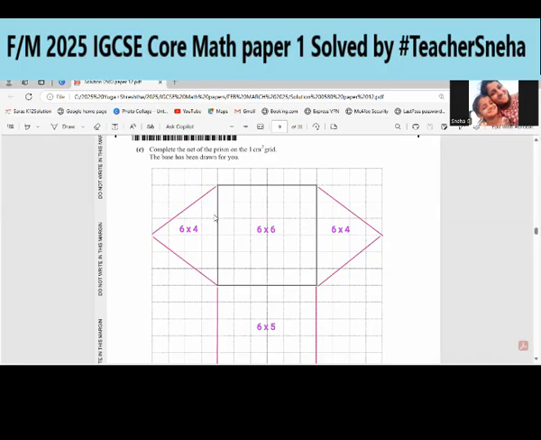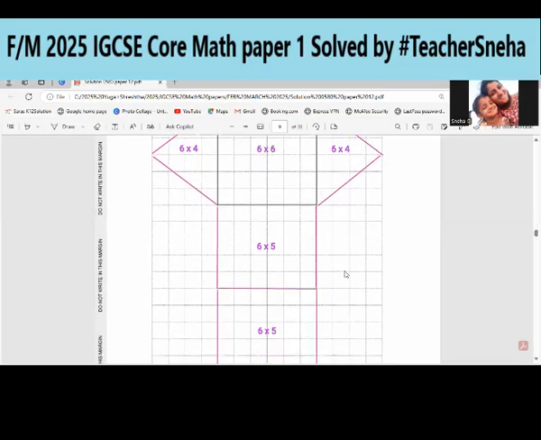So 6 is already marked over here. We have to find the perpendicular height as 4. So I will take 4 boxes here, 1, 2, 3, and 4. And then on either side, I will leave 3 centimeters each. So it's altogether 6 multiplied by 4 triangle. And this is also 6 by 4 triangle.